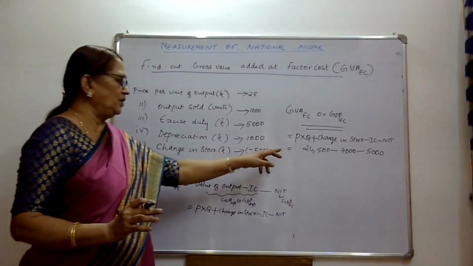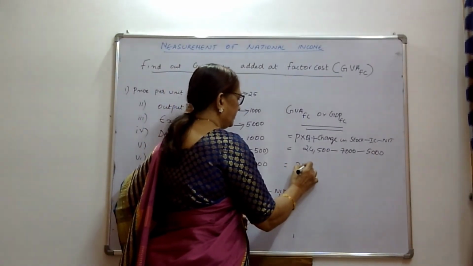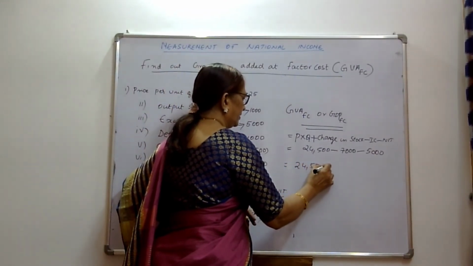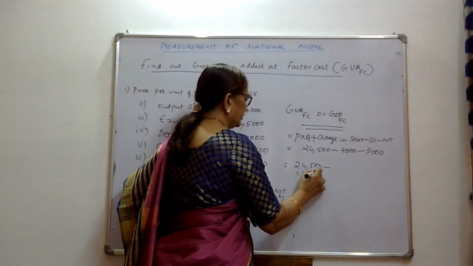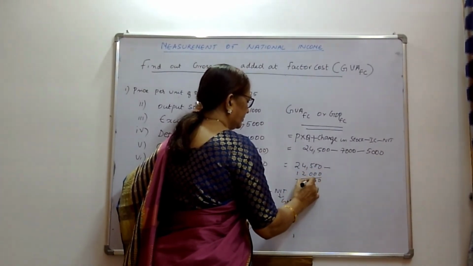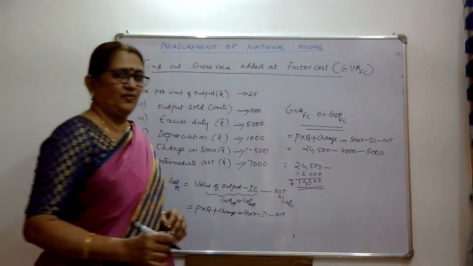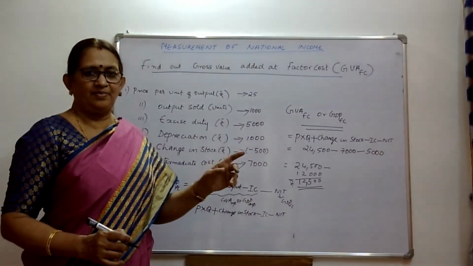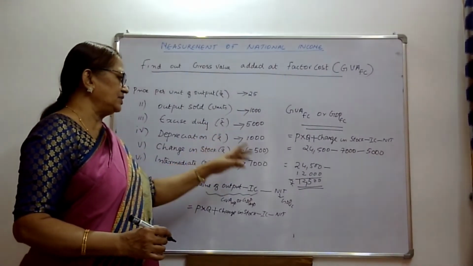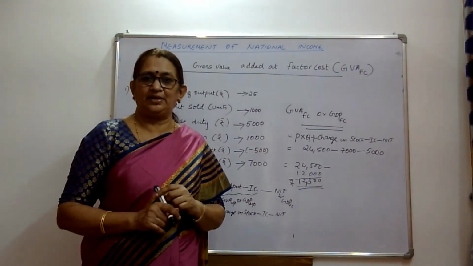Here 24,500 minus 12,000, rupees 12,500. From that, when we deduct depreciation 1,000, we get NDP at factor cost.